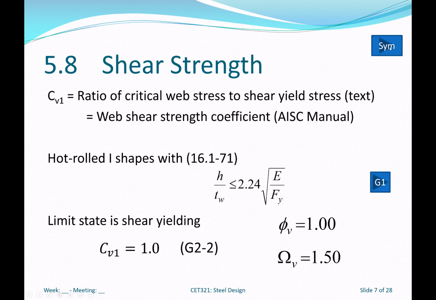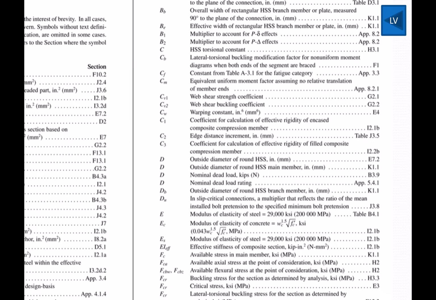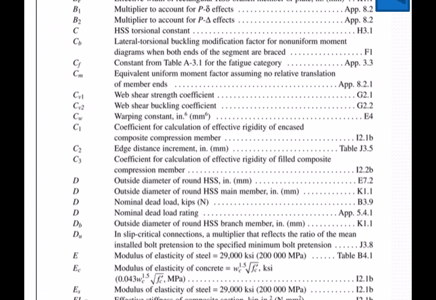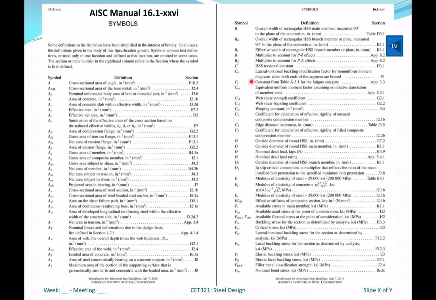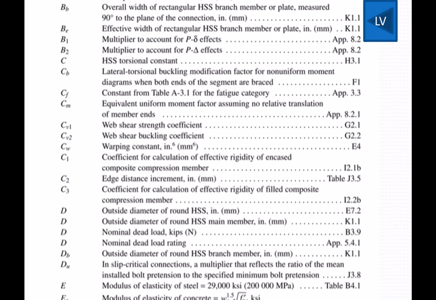If I look at what that is back here, we see that C sub V1 is the web shear strength coefficient, and C sub V2 is the web shear buckling coefficient.